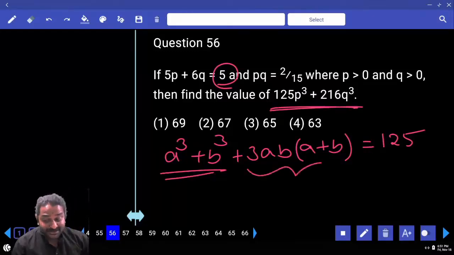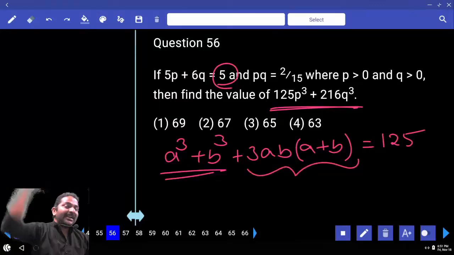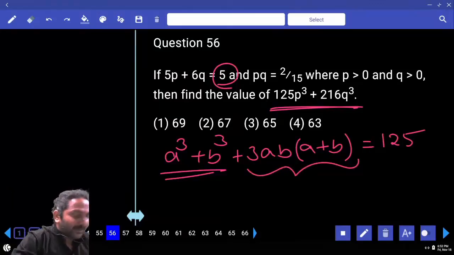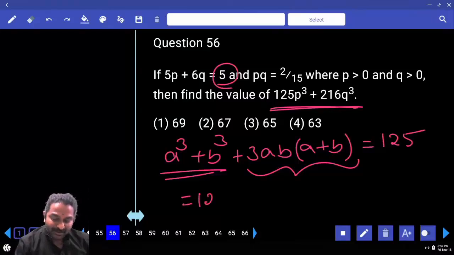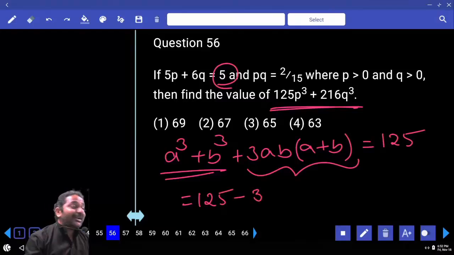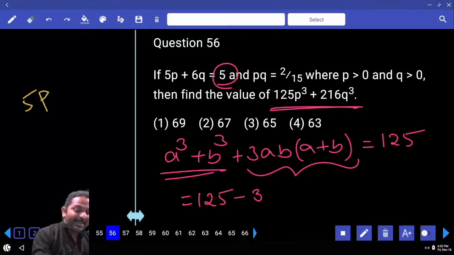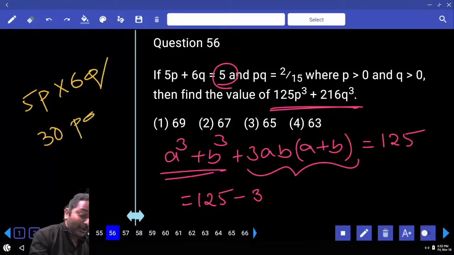So this positive number goes to the right hand side and becomes a negative number. So it must be 125 minus 3 into, what is A into B? A is 5P, B is 6Q. It is 30 into PQ.